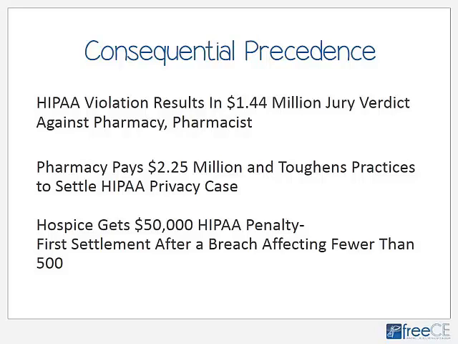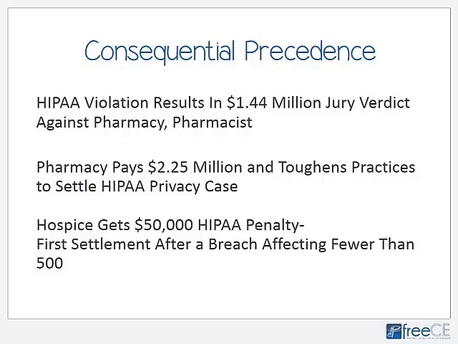So, in turn, under the HHS resolution agreement, the pharmacy agreed to pay a $2.25 million resolution amount and implement a robust corrective action plan that required privacy rule compliant policies and procedures for safeguarding patient information during disposal, employee training, and employee sanctions for noncompliance.